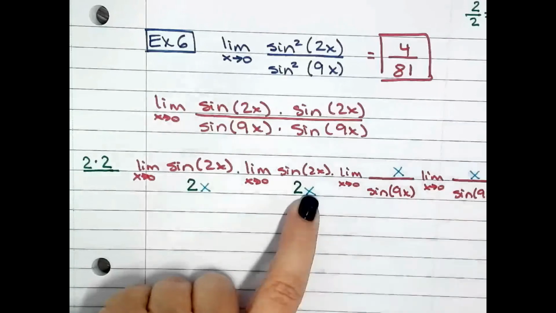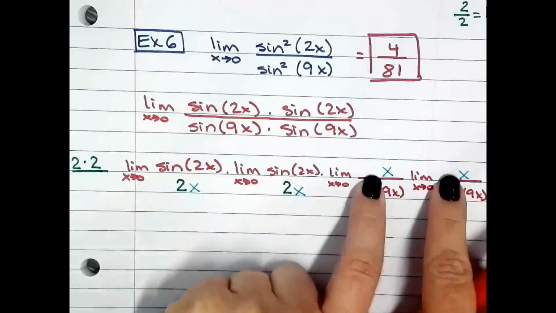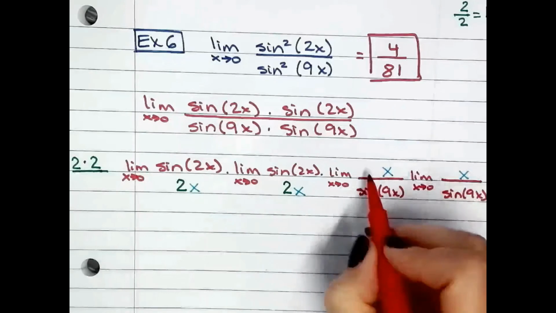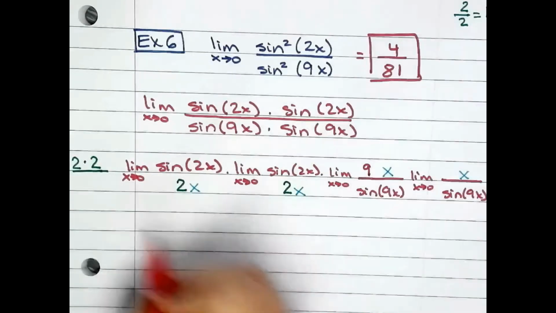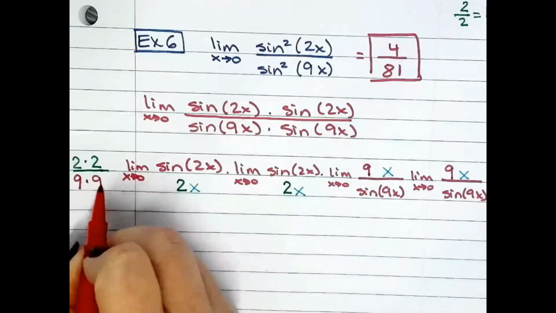Okay, looking good. Now I will use red because I need 9x right there on top. I have the x, I need the 9. I need 9 right there, 9 right there, another 9 right there, another 9 right here.